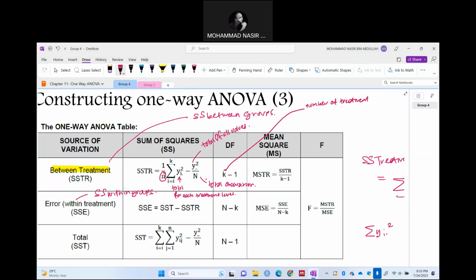So this is sum of square treatment. And the last one, sum of square total. For sum of square total, we need to add every observation for each treatment and we square.